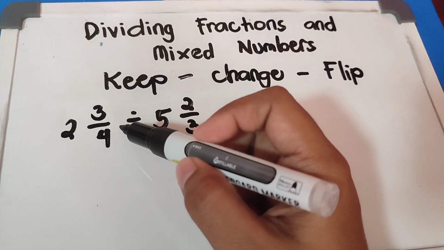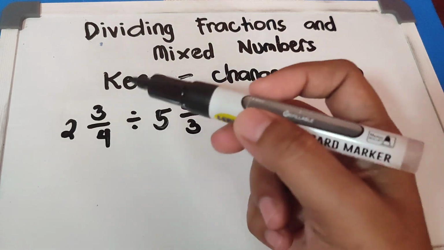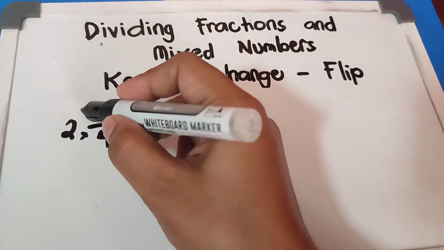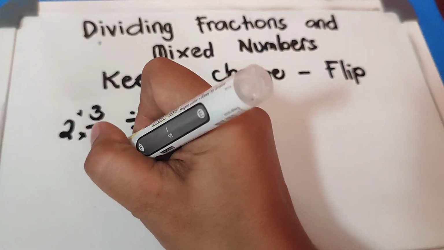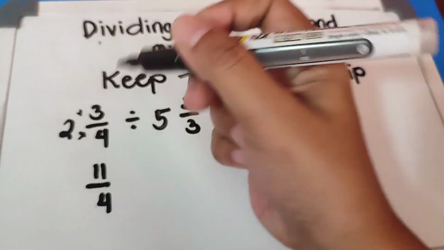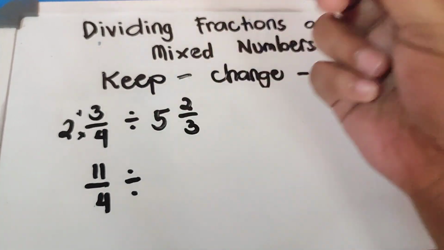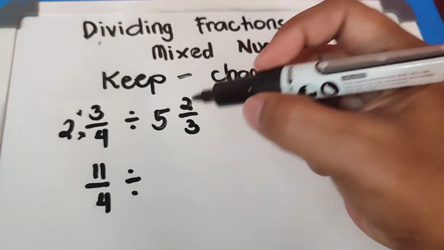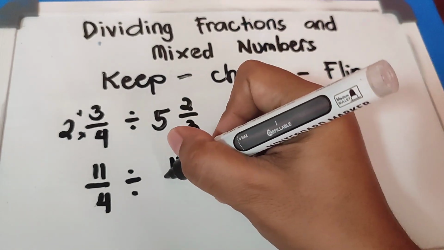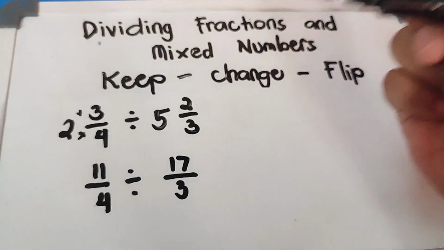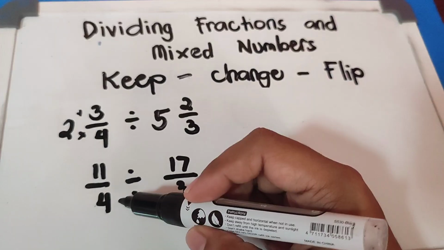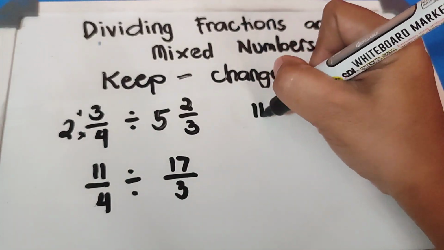Convert it first to improper fraction. 4 times 2 is 8 plus 3, 11. 11/4 divided by 3 times 5 is 15 plus 2 is 17. 17/3. Next, keep the first fraction, which is 11/4.